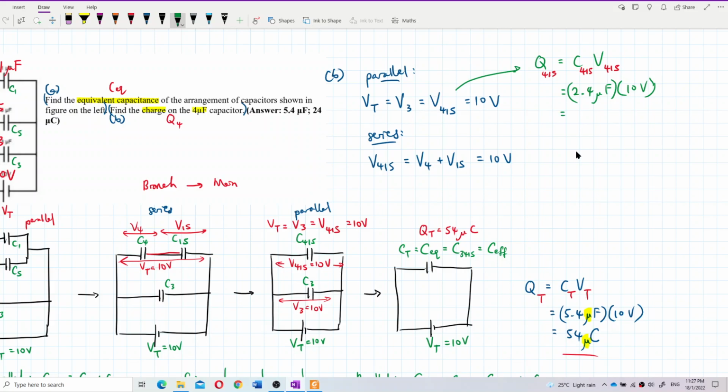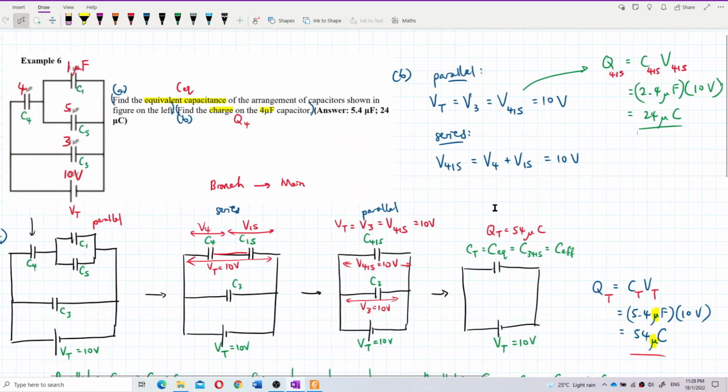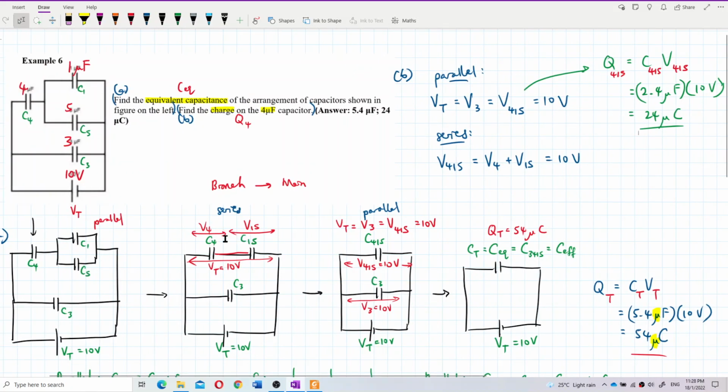So I get 24 microcoulomb. I already got the charge Q415. This might be helpful, because later I can use this charge in the series.